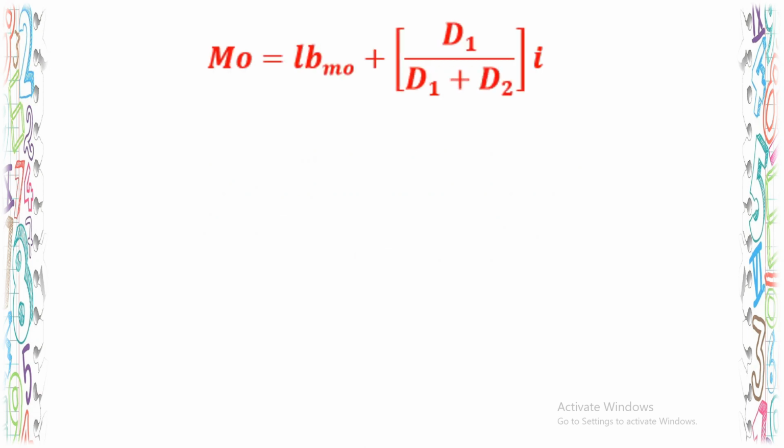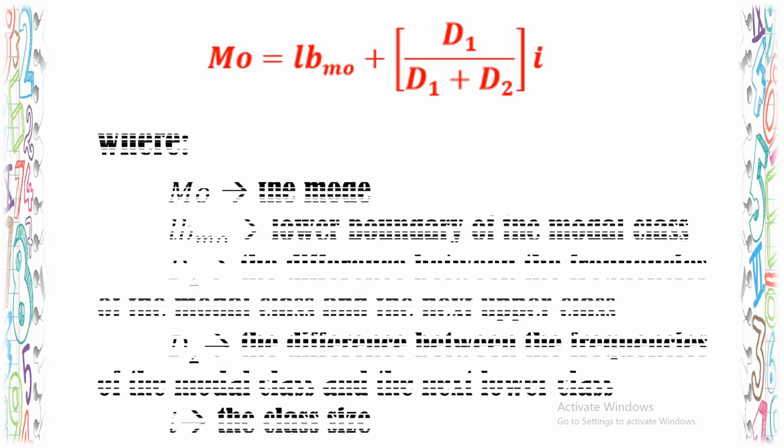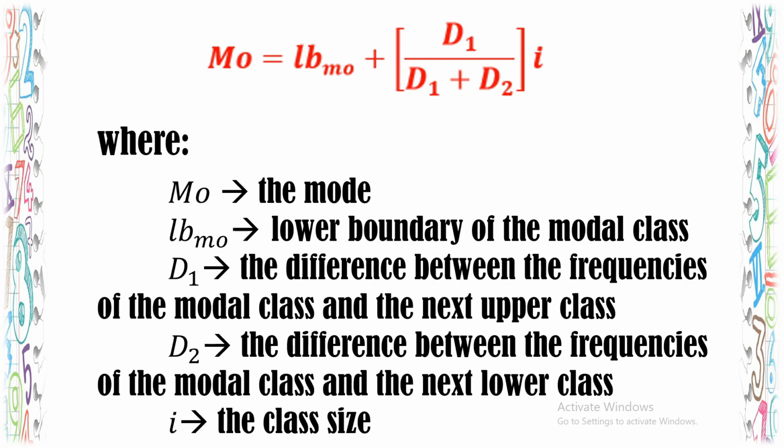So to find the mode of a given grouped data, we use the formula: MO is equal to LB sub MO plus D sub 1 over D sub 1 plus D sub 2 times the class size, where MO is the mode, LB sub MO is the lower boundary of the modal class, D sub 1 is the difference between the frequencies of the modal class and the next upper class, and D sub 2 is the difference between the frequencies of the modal class and the next lower class, and of course, I is the class size.